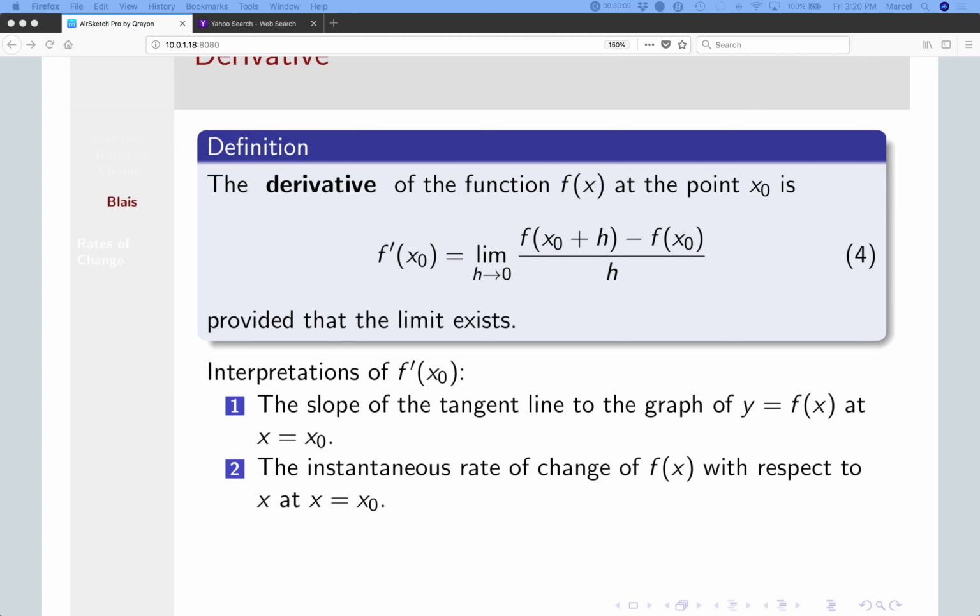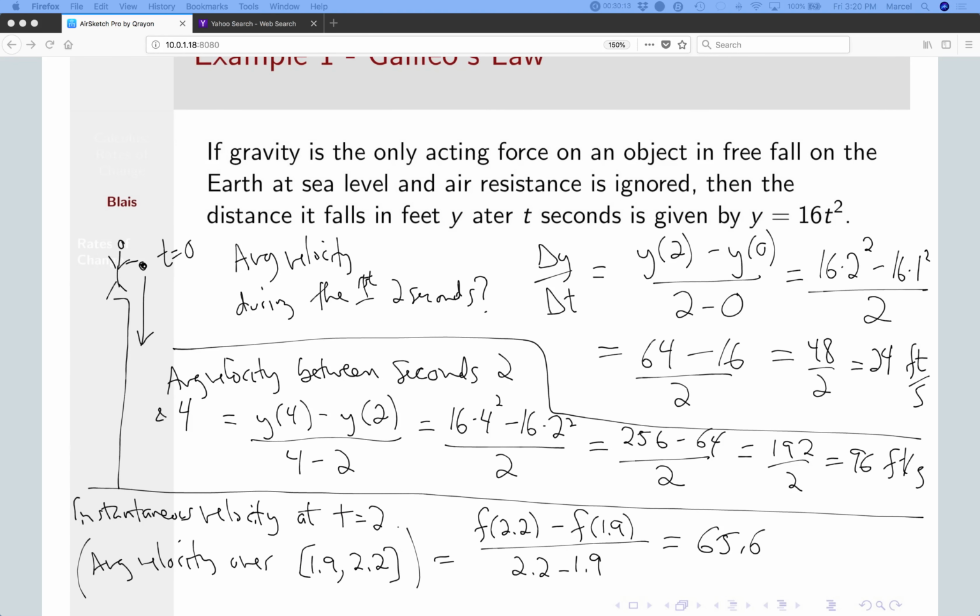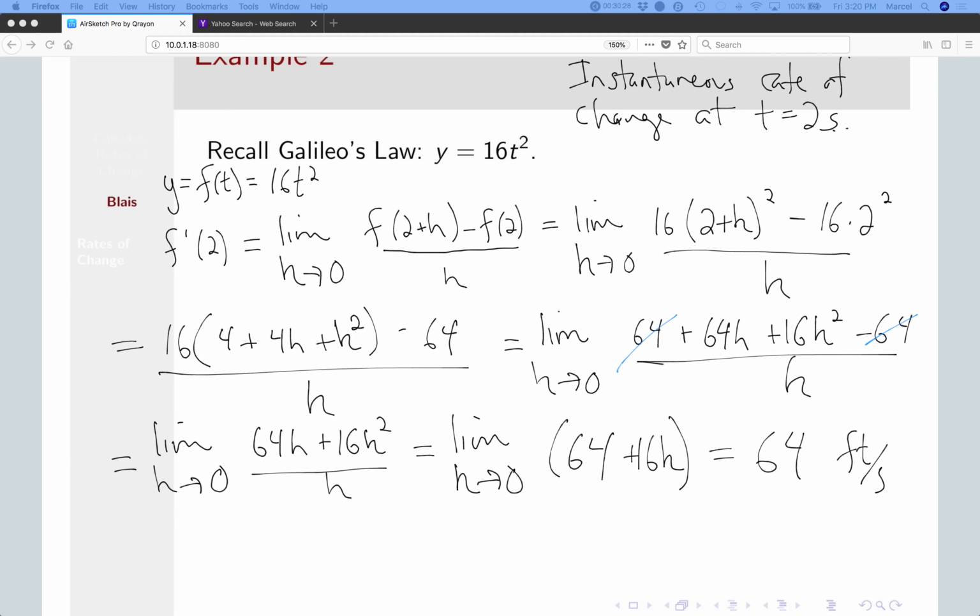Going back to our previous approximation, when we picked that small interval around 2 and did the average rate of change, the average velocity, during that time interval, we got 65.6. Pretty close to what the actual instantaneous velocity was, of exactly 64 feet per second. So you can think of this like if you had a speedometer attached to this rock at 2 seconds, and you could take a photo of the reading.